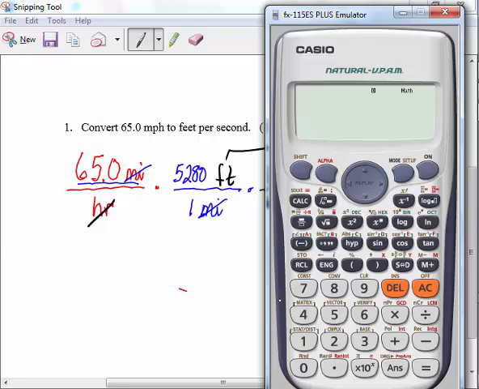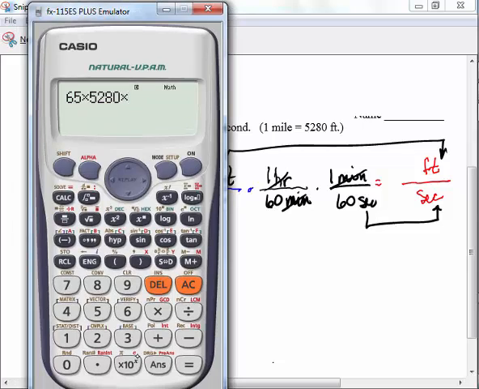So first, we're going to multiply at the beginning 65 times 5,280 because it's in the numerator, times, notice the 60 is in the denominator, so we could do times 1/60th.